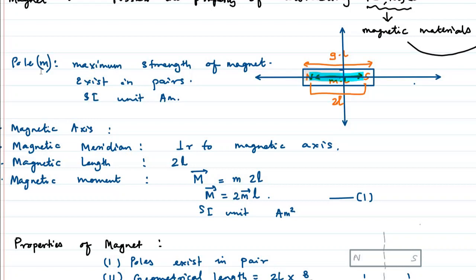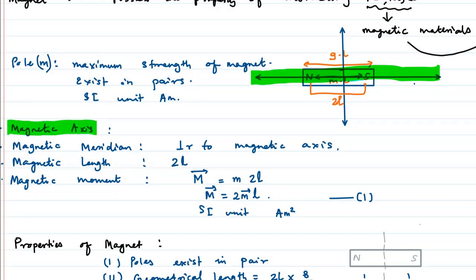Now you can see I have drawn a parallel line over here along the magnet. This is called the magnetic axis. It is an imaginary axis joining north, center and south. That will be called the magnetic axis.